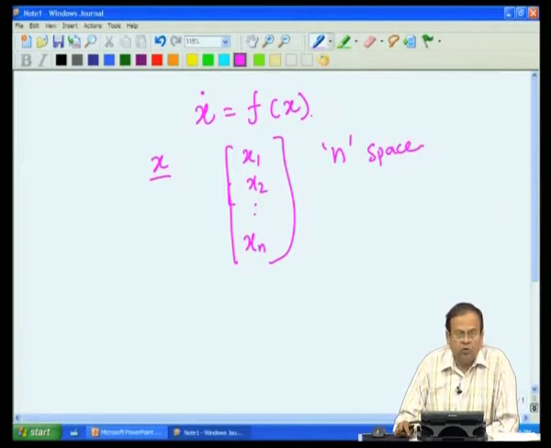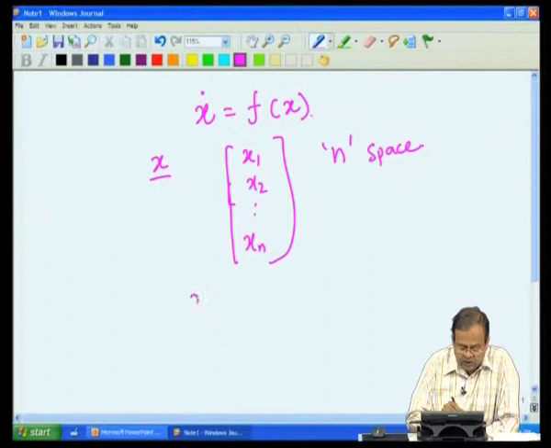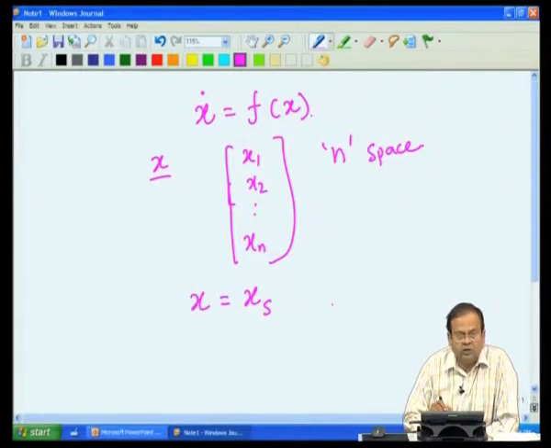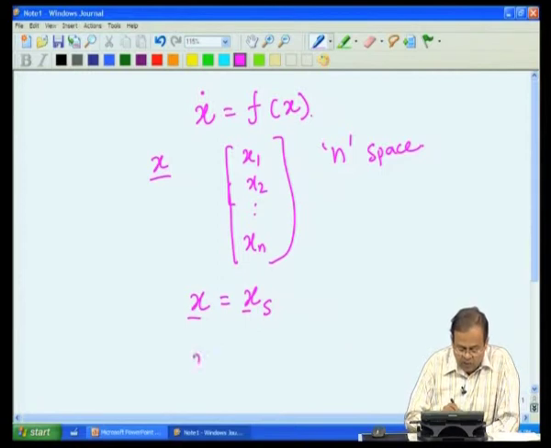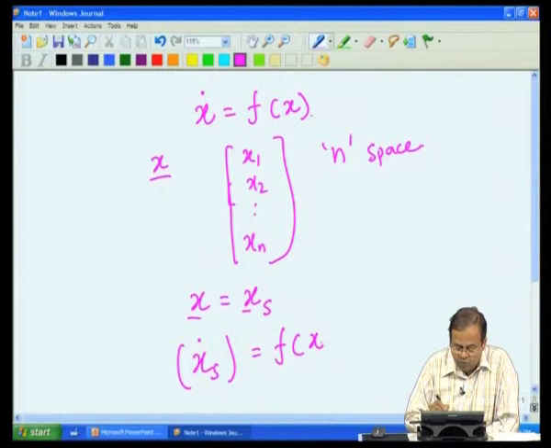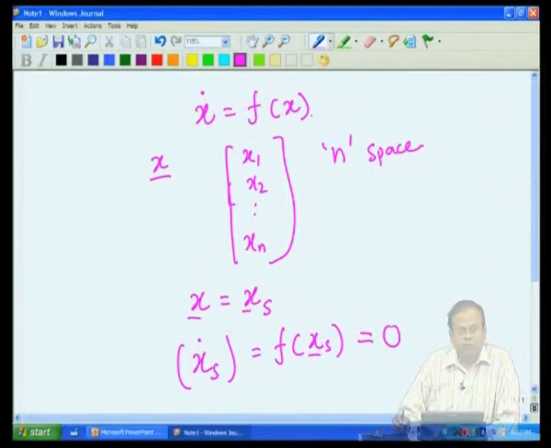Now, we would like to know the steady state which satisfies this dynamics. So, let us say that the steady state is x s, again a vector. By the very definition of a steady state, it implies that x s dot, that is, x dot when x is equal to x s, which is f of x s, is 0.